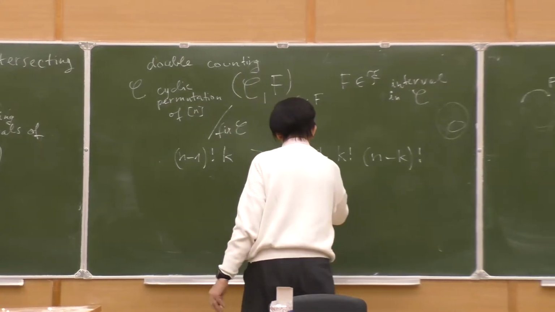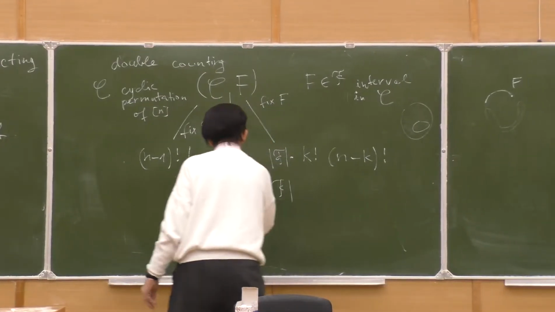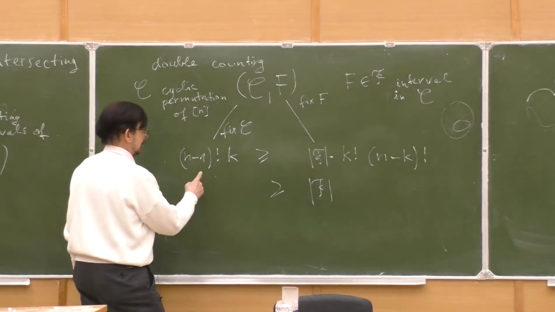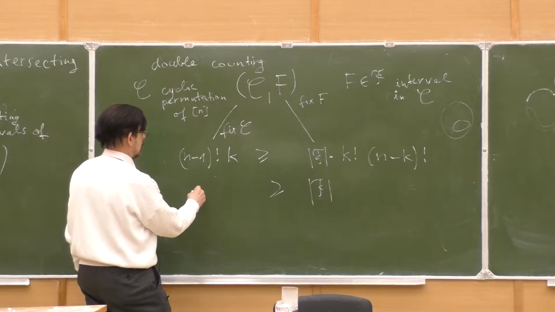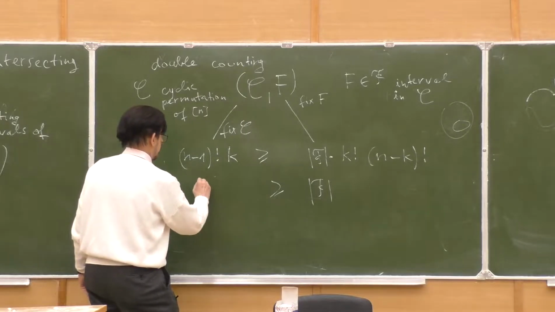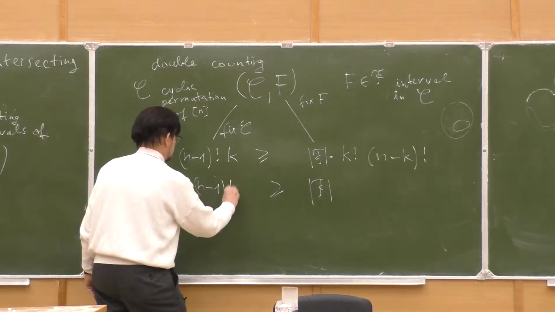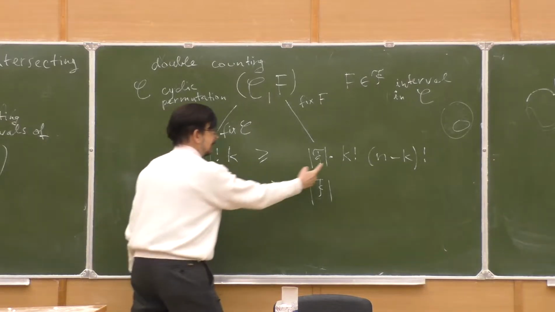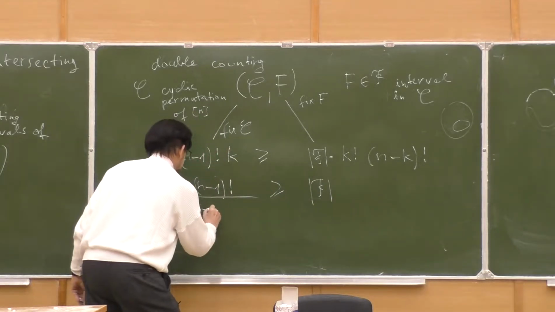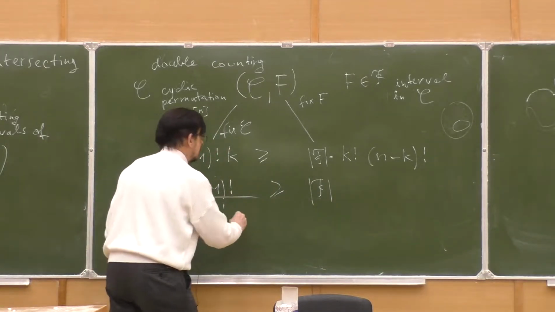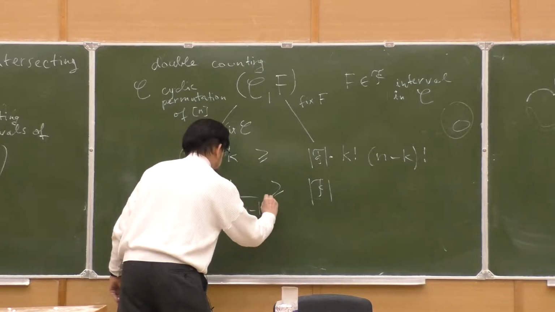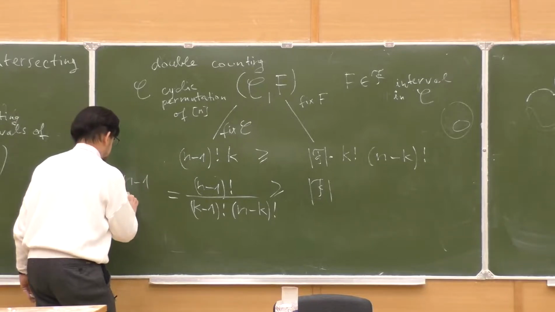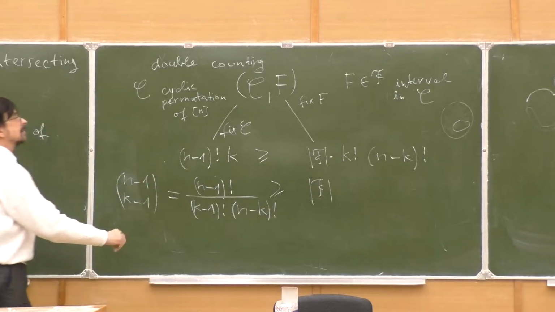And so what we obtained is n minus 1 factorial over, we can divide by k, so we get k minus 1 factorial times n minus k factorial, and this is really n minus 1 choose k minus 1.